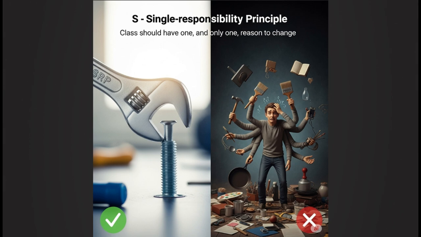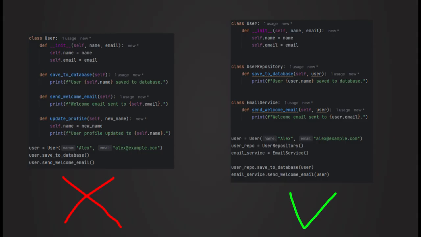What's the purpose of this principle? It's all about separating behaviors. Let's look at a classic example of violating this principle. Imagine a user class that stores a name and email, but it also has a method for working with a database and a method for sending emails.